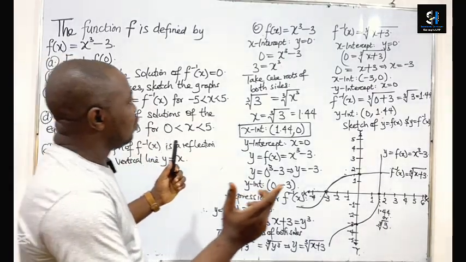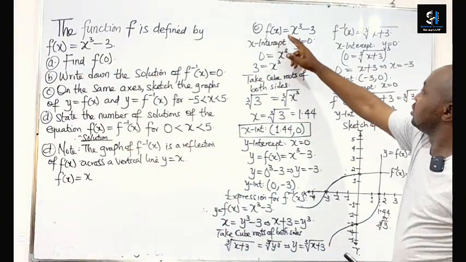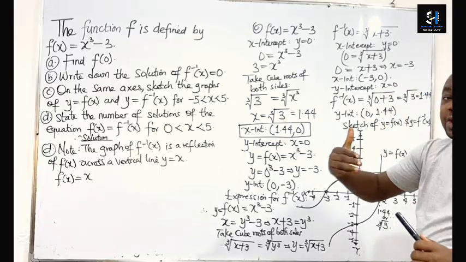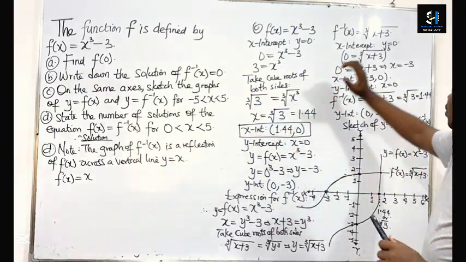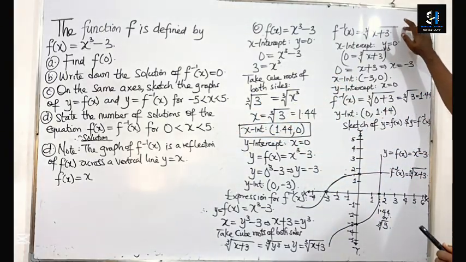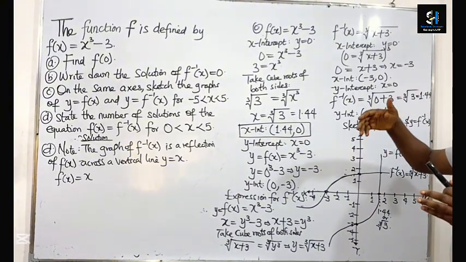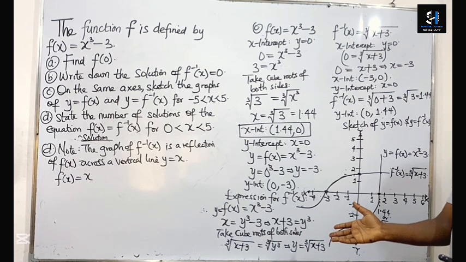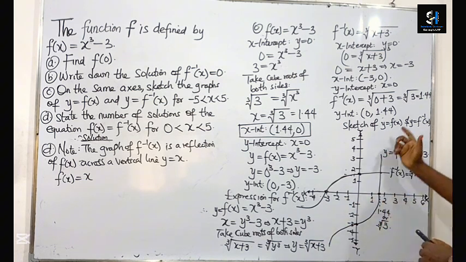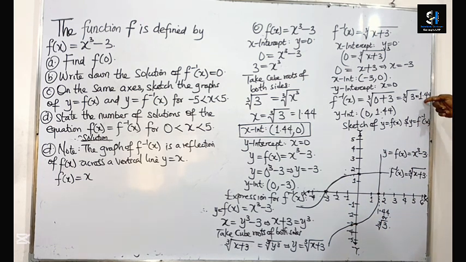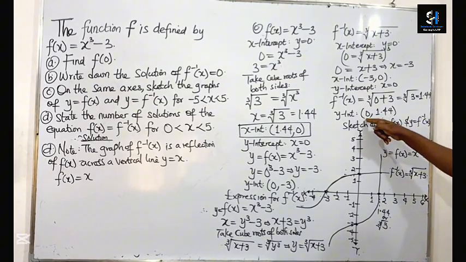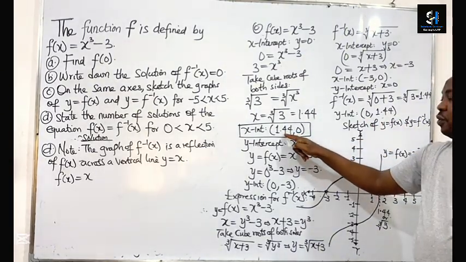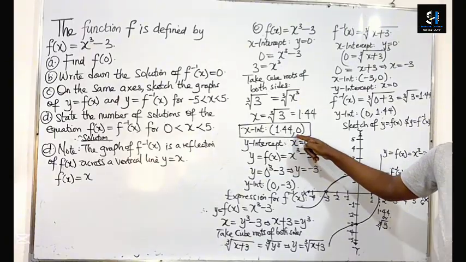And let me explain what happens here. This function is strictly increasing. While the inverse stays well within the range. That's why we have 1.44 when the value of x is 0, and 1.44 when the value of y is 0.